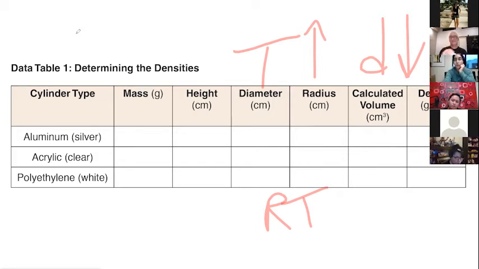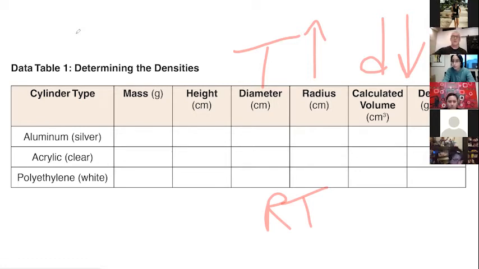But actually, as you increase the temperature, the density also goes down, because the water molecules start moving faster. As they move around faster, they bump into each other a little bit more, and the volume slightly increases.